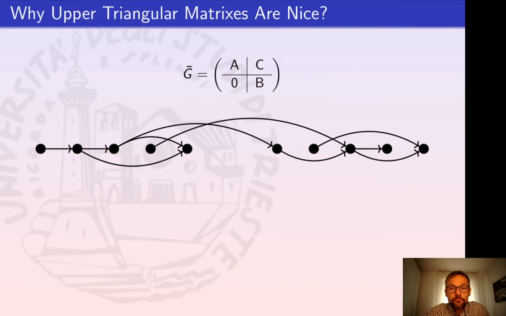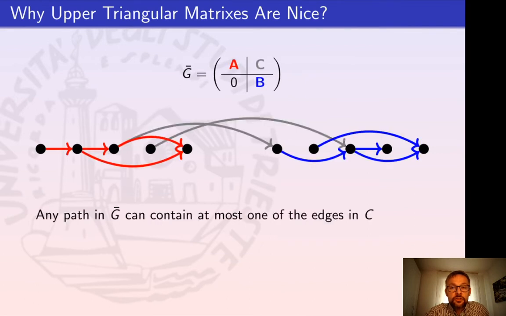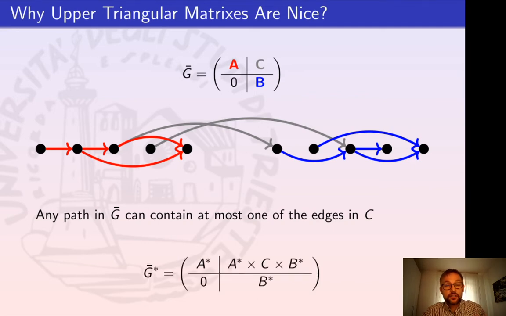But then, if you are able to understand that by dealing with an upper triangular matrix you are able to decompose all the paths in the graph into paths going from the first part of the nodes in the topological sort to the second part of the topological sort, moving along edges between these two groups only once, then you are able to provide this matrix. And this is really surprising if you think about it at the beginning.